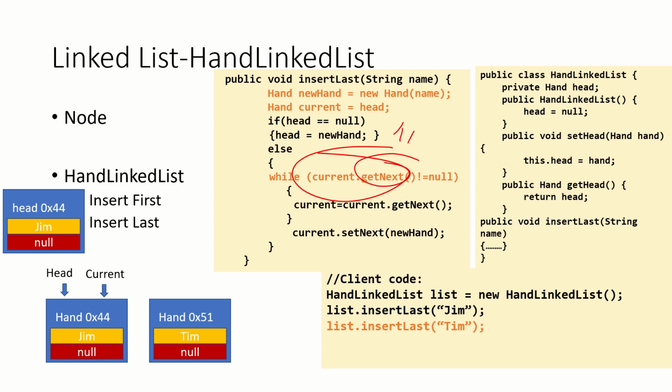This one will return None. We directly go to this statement, right? And assign to the next the new node. Who is the new node? Tim.